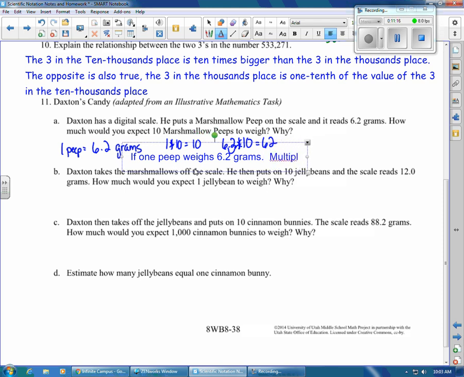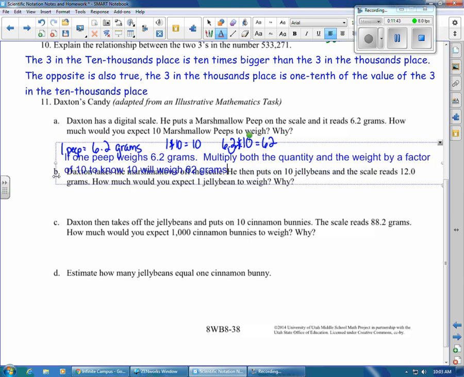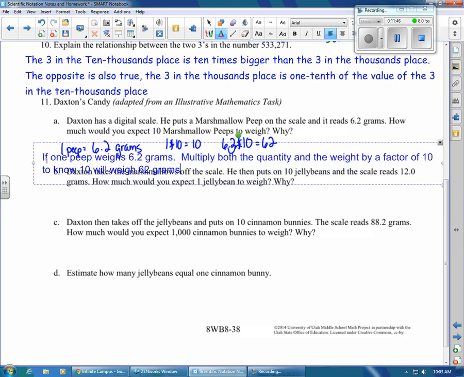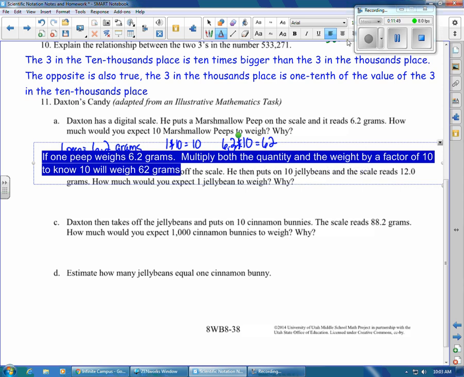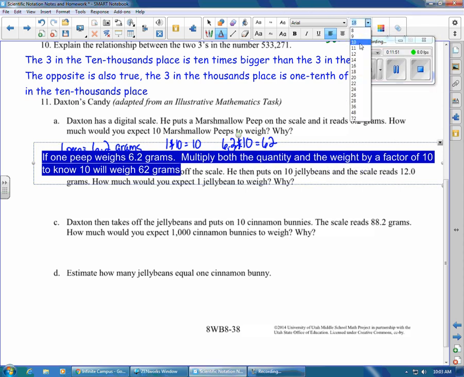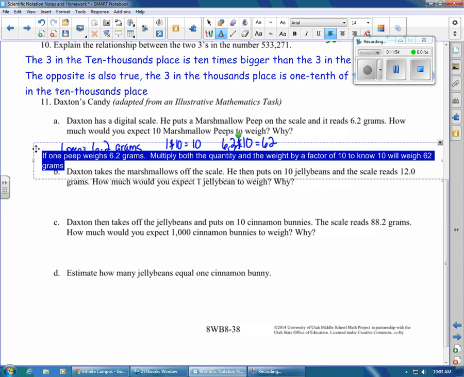Multiply both the quantity and the weight by a factor of 10 to know 10 will weigh 62 grams. Okay, make this longer so that maybe it fits and you'll be able to read it. I should have had it typed out ahead of time. I apologize.